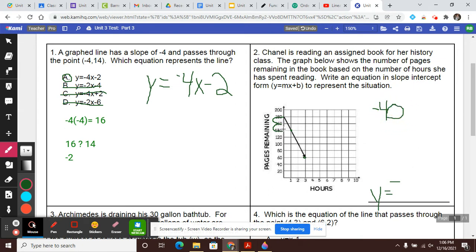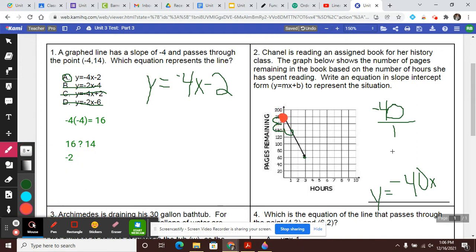I'm going over by 1, so I go over 1 to get there. So I'm saying that my slope is -40x. I start with 180, because remember, my start is my y-intercept.